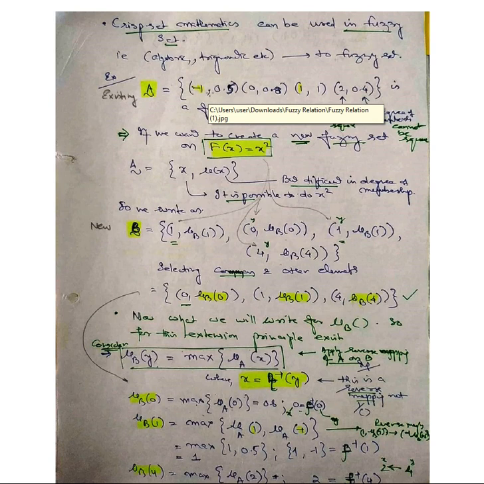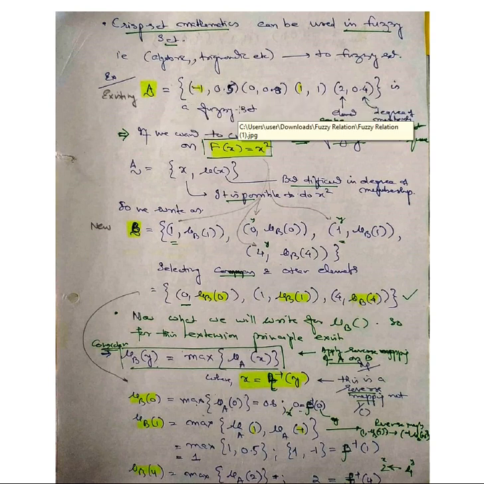It indicates that minus 1 is an element of the universe of discourse X, a given crisp element. So this is the crisp element value, and this is the membership value.